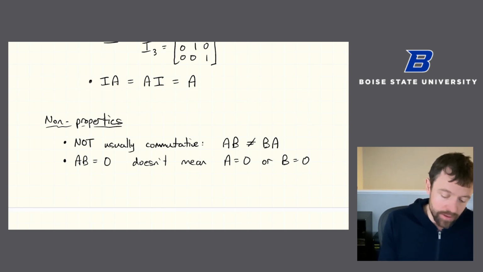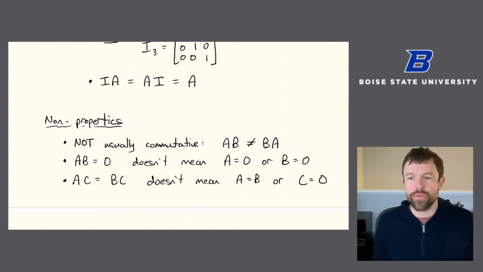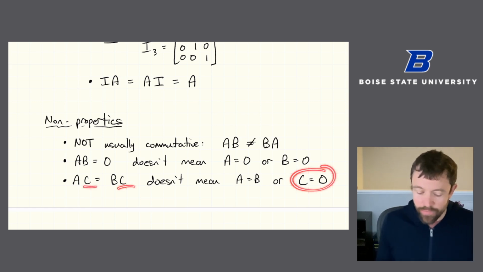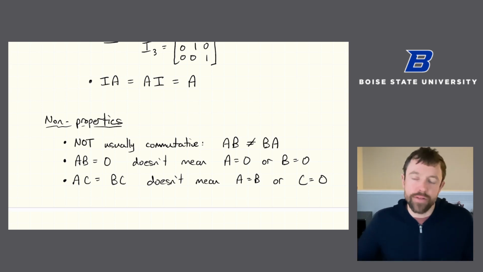And along a similar line, if we know that A times a matrix is the same as B times a matrix, if these were real numbers, either that second number is 0 or the first two numbers are equal. But that's not true of matrices. There's an infinite list of things that aren't true.